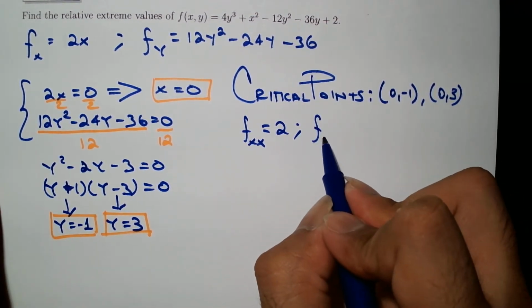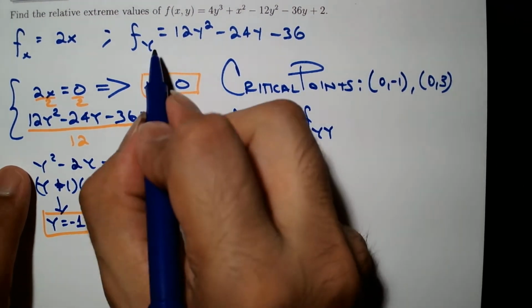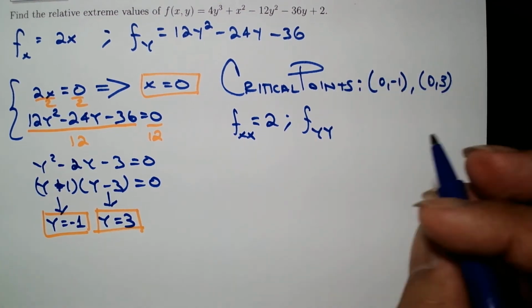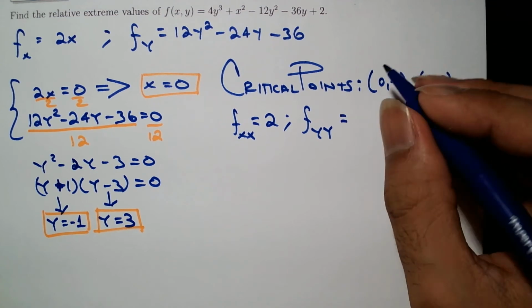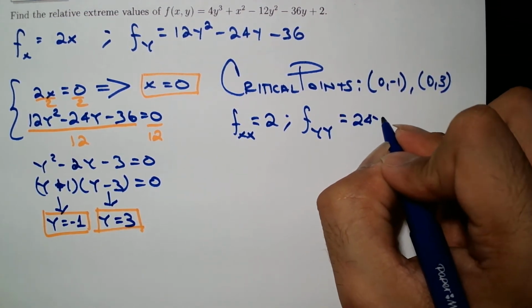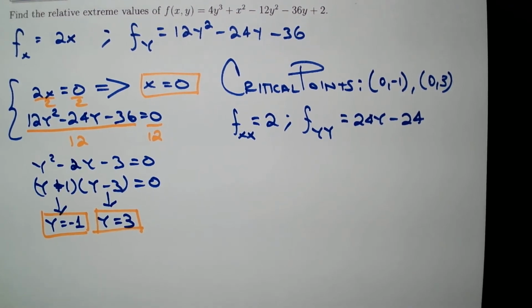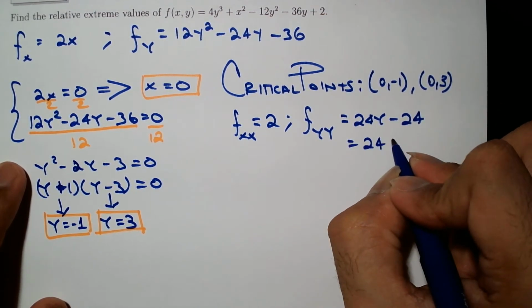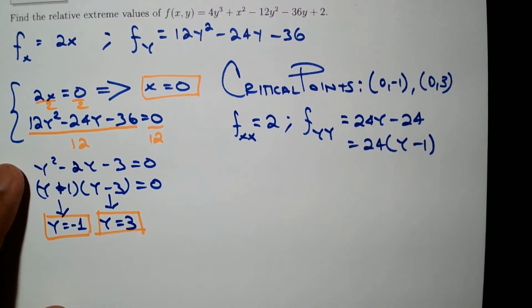Then the second partial with respect to y twice: let's find it, it is going to be 24y minus 24, which I will factor as 24 times (y minus 1) to make calculations easier in the next step.